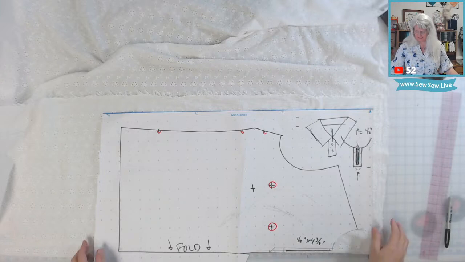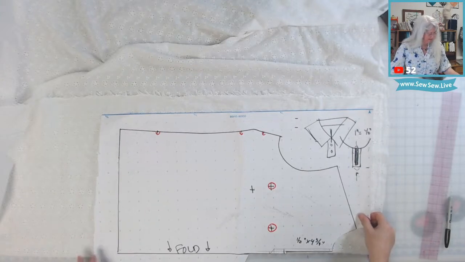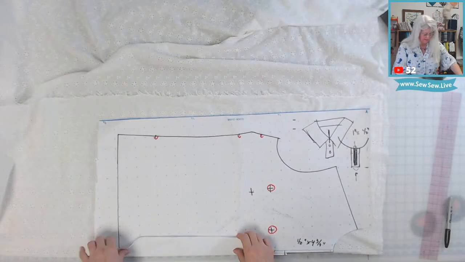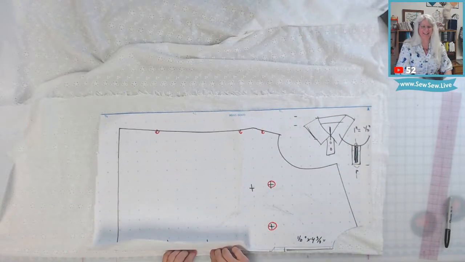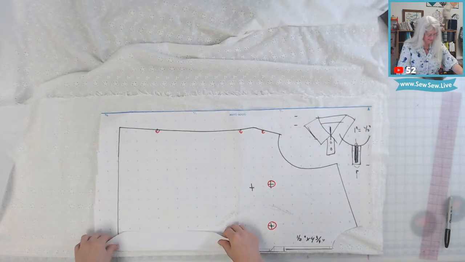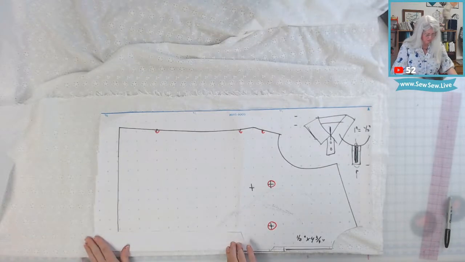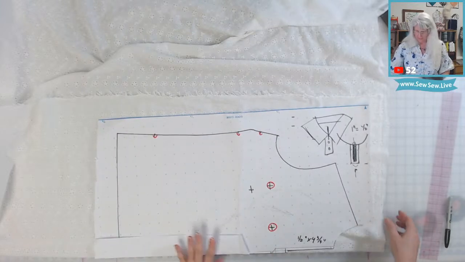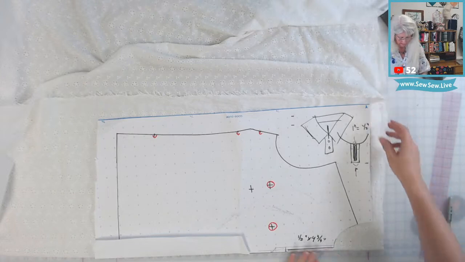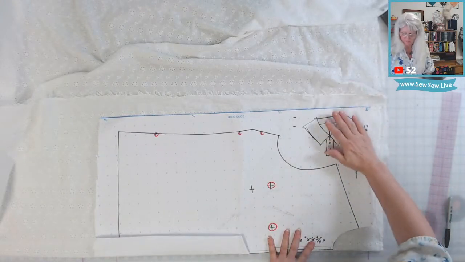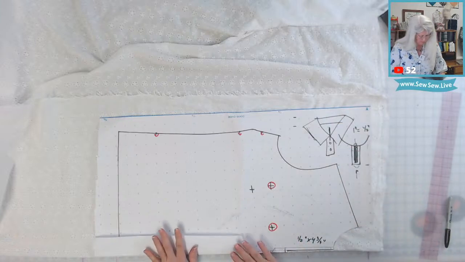Fresh ruler. I have to admit, a fresh ruler is almost more exciting than a fresh rotary blade. All right, so we're putting this on the fold here. With eyelet, the fabric can be a little wonky sometimes because it's embroidered. You can really see it in the selvage usually.